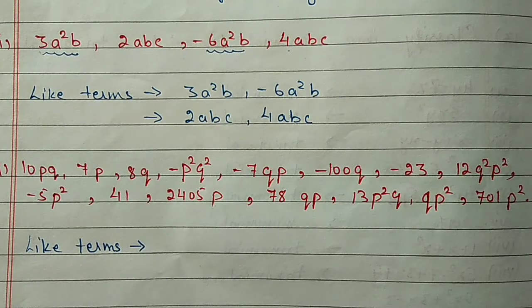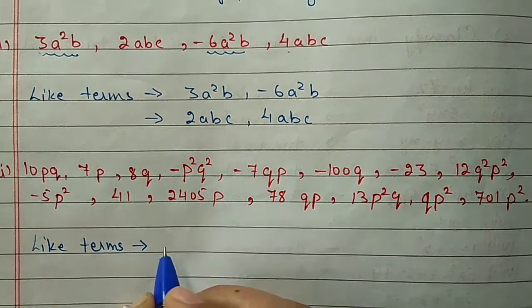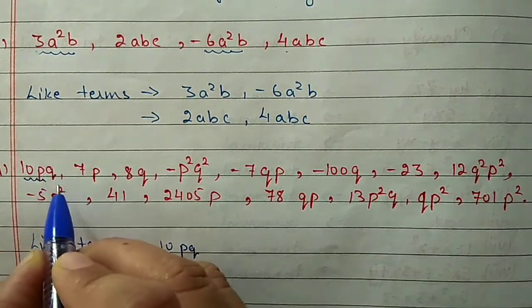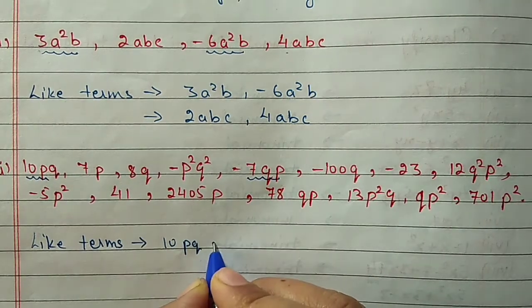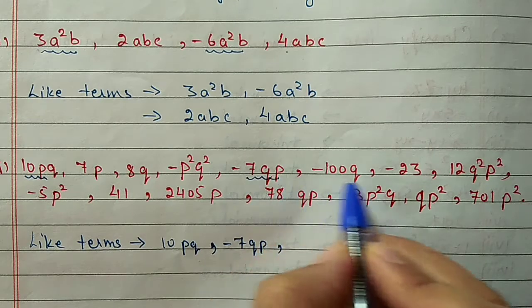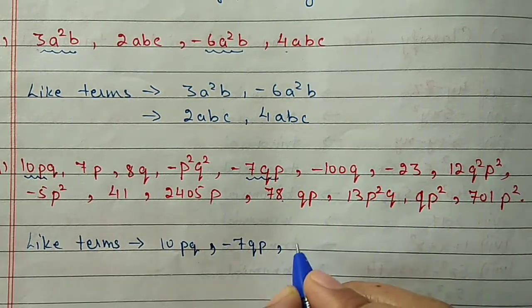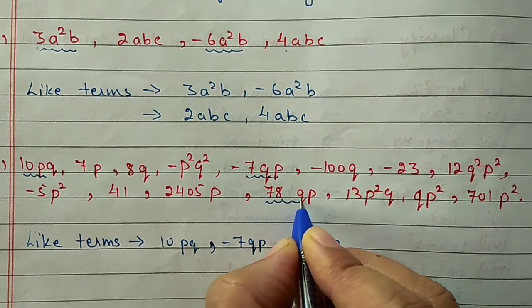Next, third part, we have to select like terms. So first we'll start from PQ, 10PQ. Anywhere else if it is PQ, you can see here minus 7PQ. Then 78QP. These three are like.